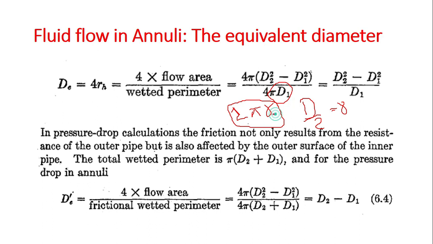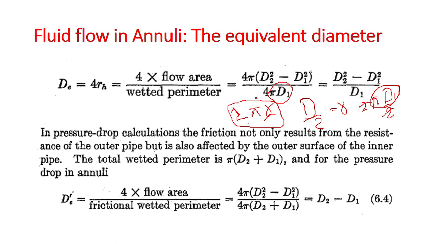We know that the radius of the tube is equal to half of the diameter. When we put d over 2 here, ultimately 2 pi r becomes 2 pi d over 2. This 2 will cancel out with this 2, and this will become pi d1, which is the wetted perimeter or the circumference of the inner tube in the double pipe heat exchanger.